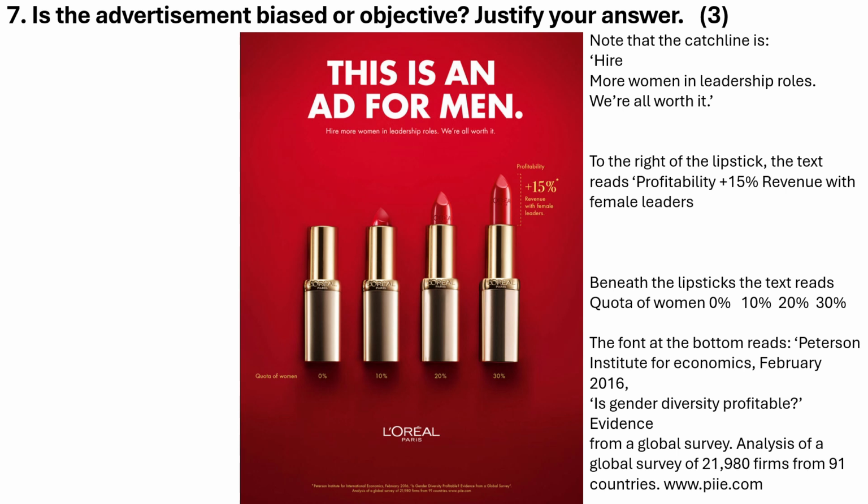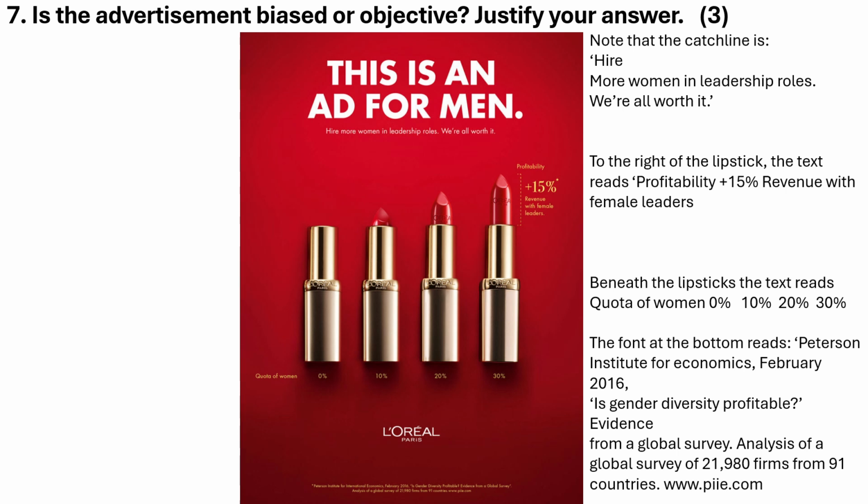So to do that, you need to look for examples of language and or images that are either very factual, which is objective or denotative, or very opinion-based and emotive, which is subjective, connotative, and biased, in order to support what you're saying. Remember that you will never ever get a mark just for saying that language is biased or objective.